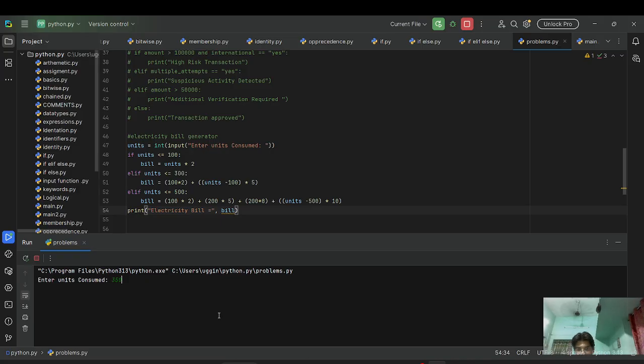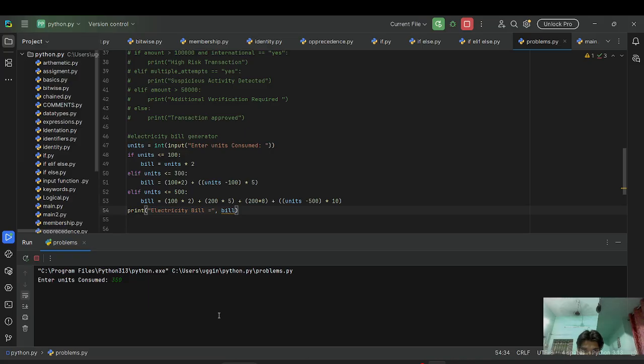Now the calculation begins: 100 into 2 is 200, plus units. Next 200 units, 200 into 5 is 1000, plus 200 into 8 is 1600.